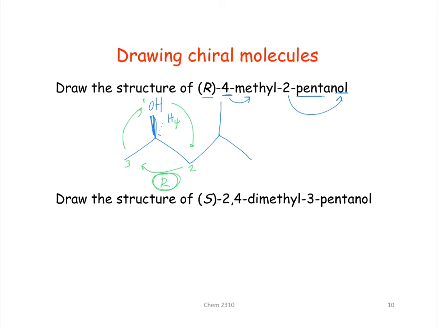All right, so let's do one more. So again, here's 3-pentanol. It's going to work out. Let's do it. Let's see. 2, 3, 4, 5. All right, so then what are we going to have? 2, 4.